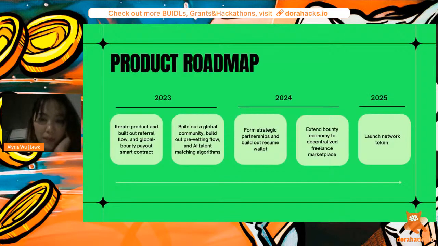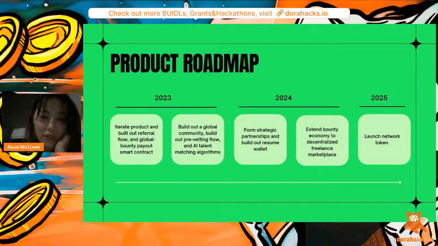The product roadmap. So in 2023, we want to focus on iterating the product and building out the whole referral and peer review flow, and also the smart contract for bounty payout. And of course, start building out the community and the pre-vetting flow.